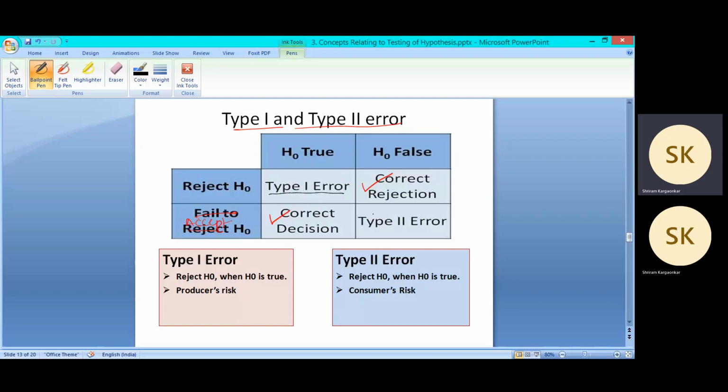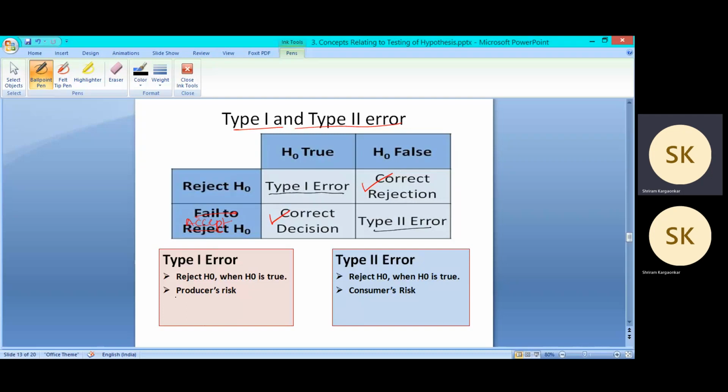And when H naught is false but it is accepted, it is called a type 2 error. You have to remember that one. Let's summarize. Type 1 error is when you reject H naught, when you reject a null hypothesis, when it is true.